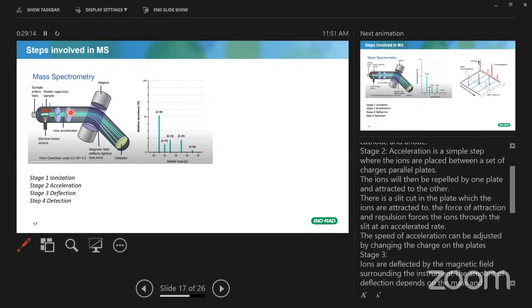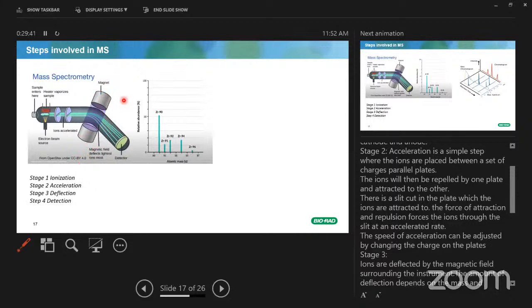These are all compact in the instrument, but I'm showing an architecture of how MS works in a graphical representation. Third is deflection with the help of a magnetic field. The lightest ions get deflected the most, and the heaviest get deflected the least.